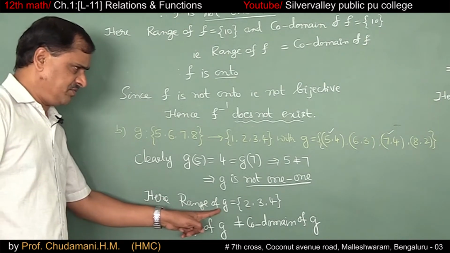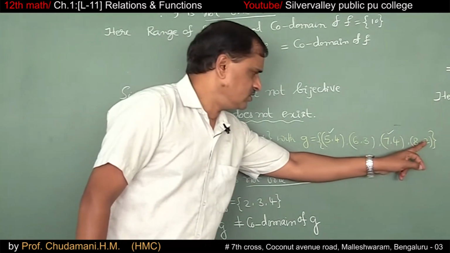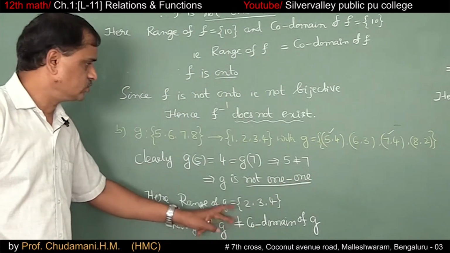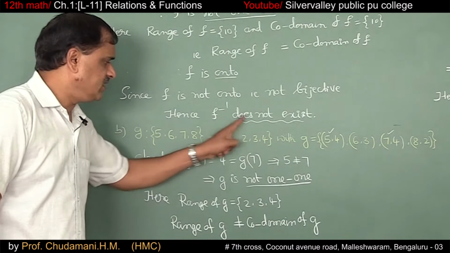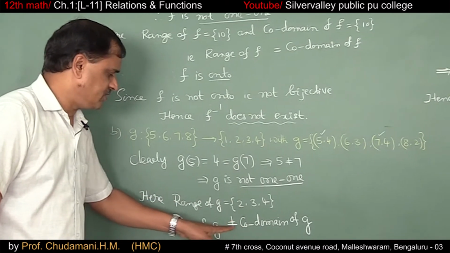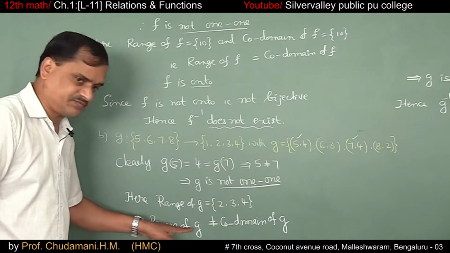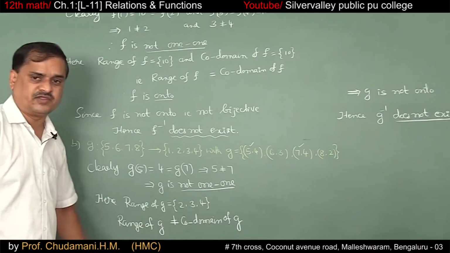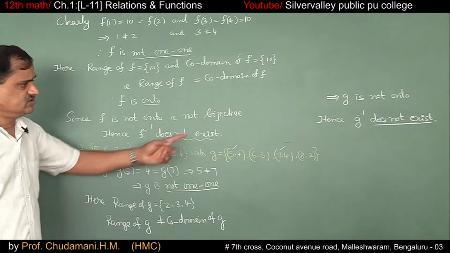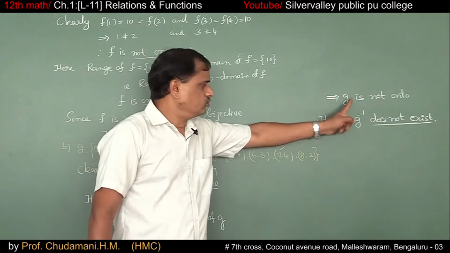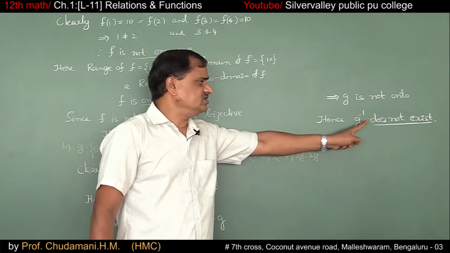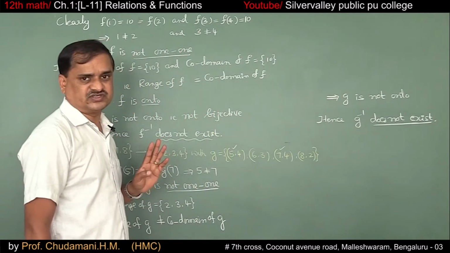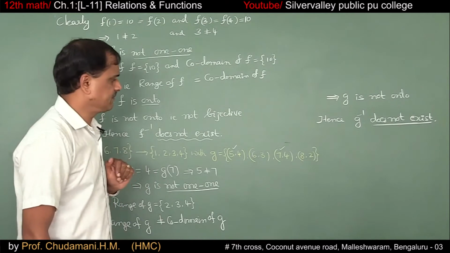Clearly, range of g is {2, 3, 4}, but codomain is {1, 2, 3, 4}. So range of the function g is not equal to codomain of the function g. That means g is not onto, hence g inverse does not exist.